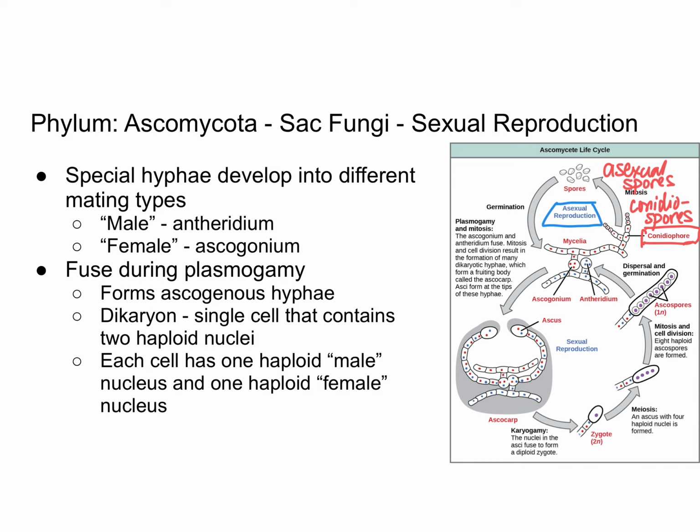And then after those spores are released, if they find a suitable place to land, they will go through germination, which is just mitosis, in order to form a new mycelium.